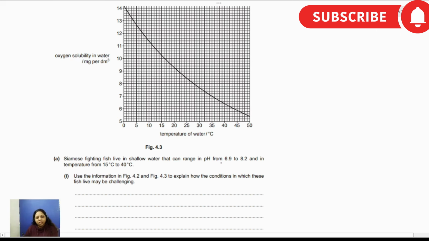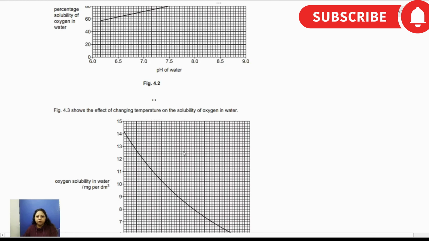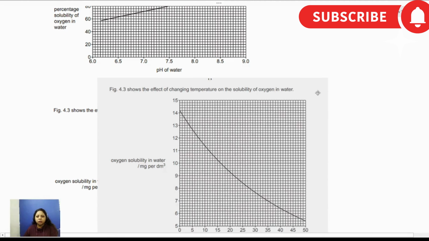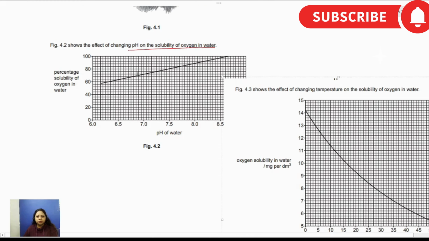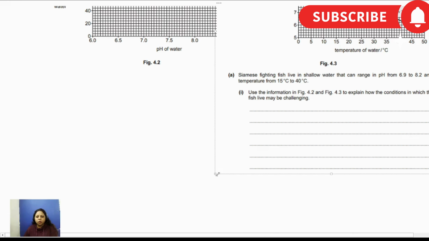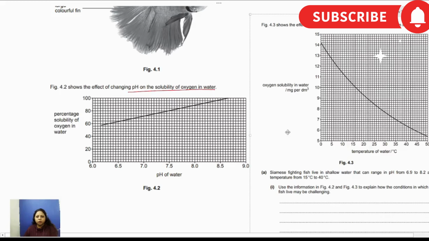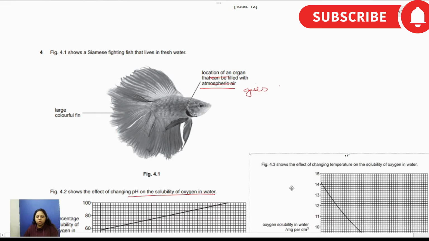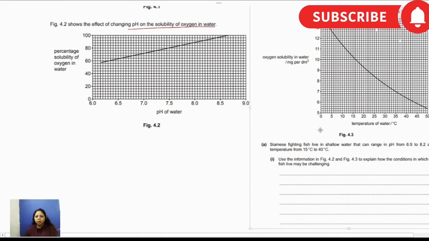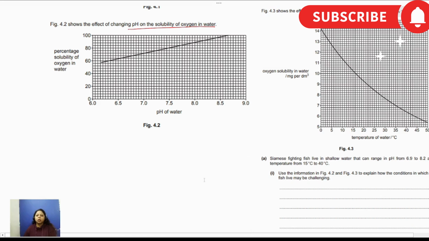Now the pH is from 6.9 to 8.2 and the temperature is 15 to 20. Let me put them side by side. Just a minute. I'll give you a better idea of comparison of these two curves. Okay, I guess now you can easily explain this question.